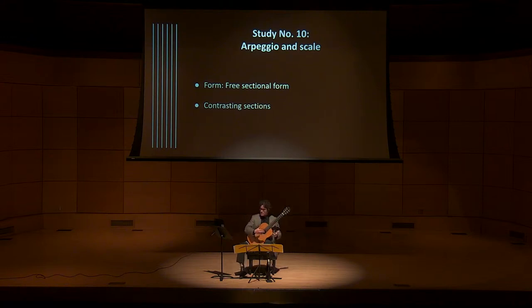And then when we get to the B section, just to make it clear for everyone, the arpeggio is kind of going to take over the piece. And for the C section, we're going to have introduction of new material with some slurs.